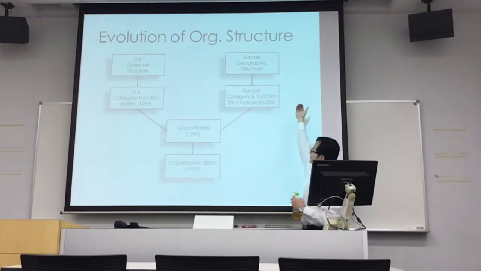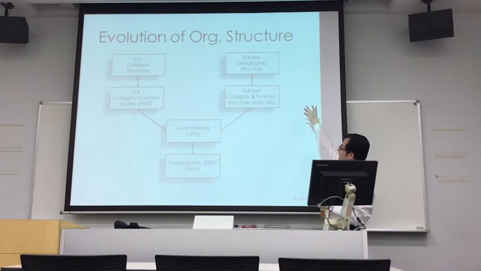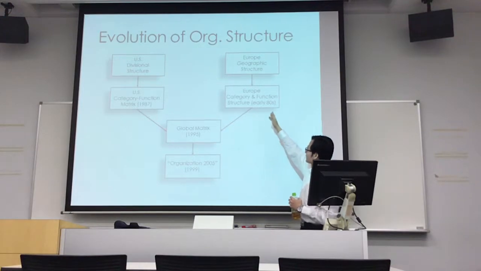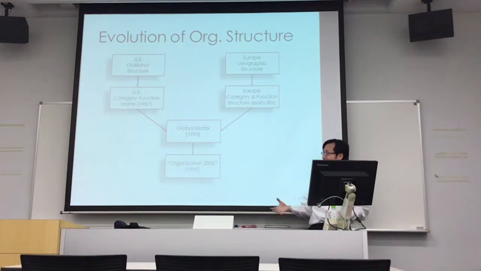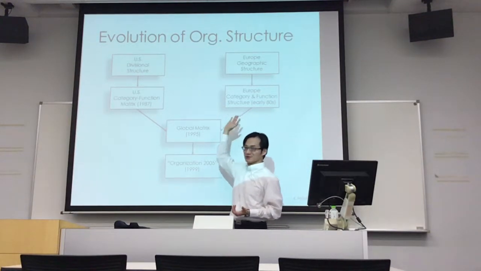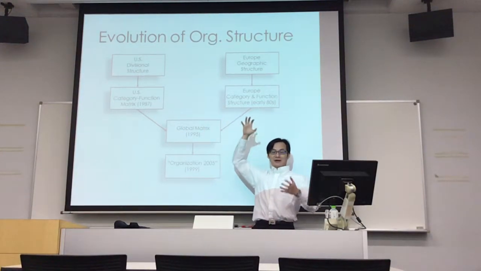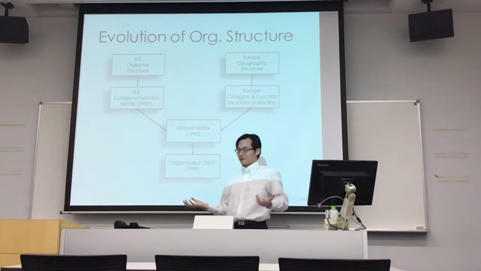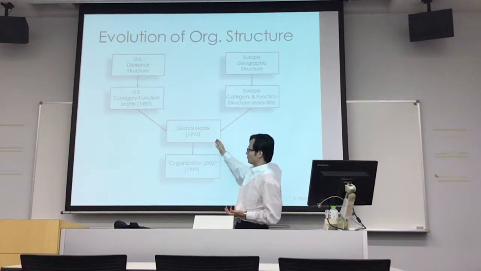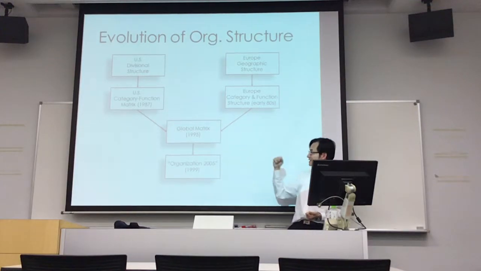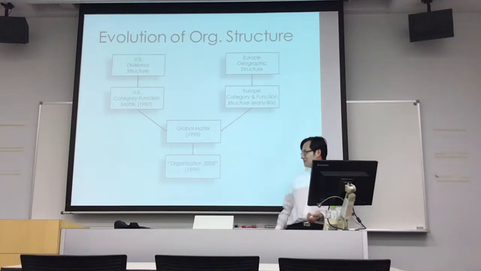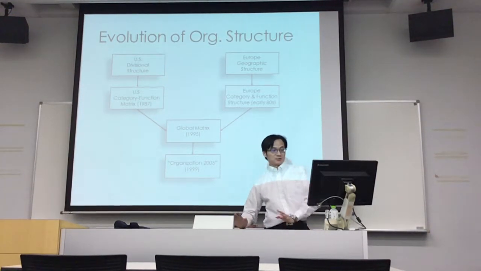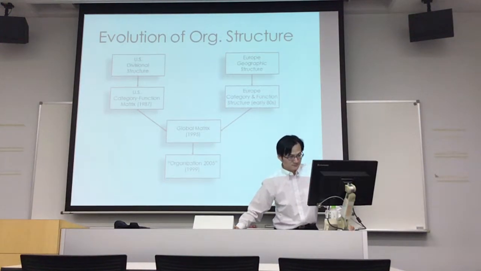In Europe, they started with a geographic structure, and then reorganized into a category and functional structure. It's a bit weird that you have different organizational configurations in the U.S. and Europe, so you have to bring them onto the same page. So they developed this global matrix structure in 1995, and in 1999 they restructured again. They have this organization 2005 as well. So we will look into the development.